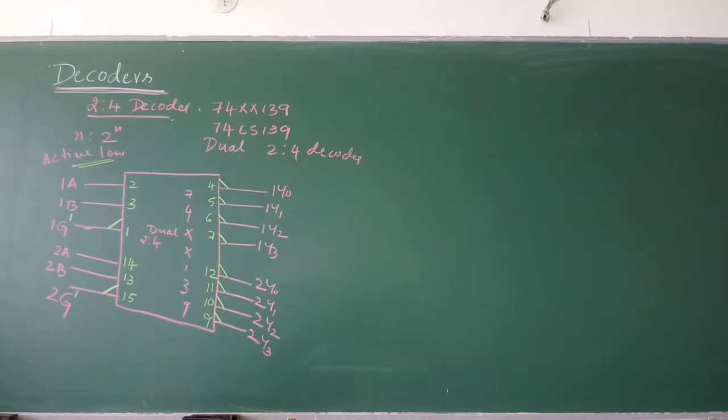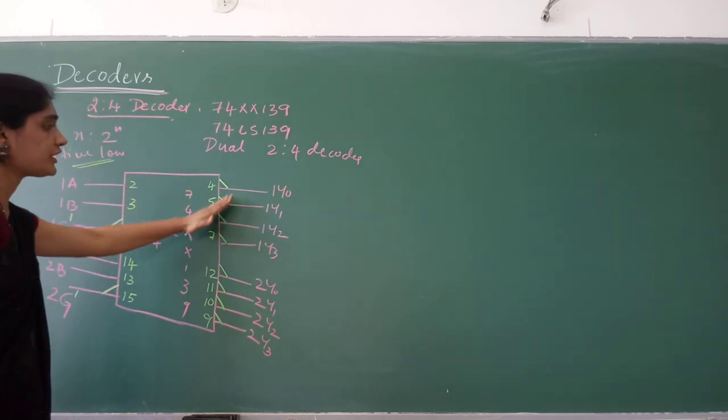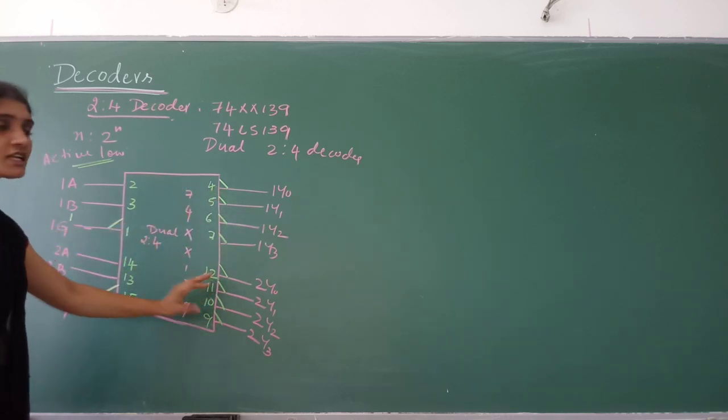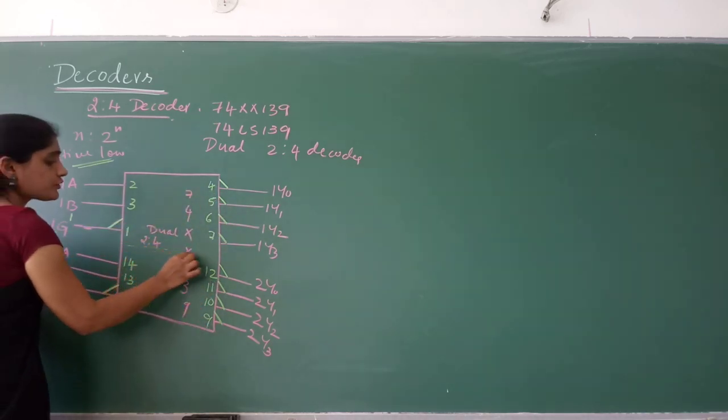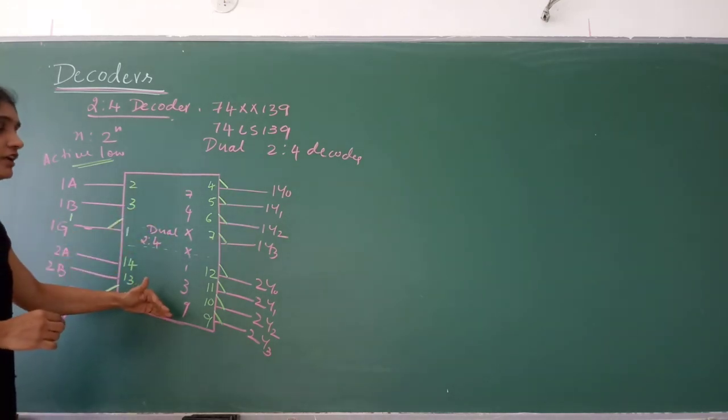Okay. So now let us write the truth table for this. Truth table means, for these inputs, how they are decoded into outputs. 2 inputs, 4 outputs. Since we have a dual 2:4 decoder, let us write the truth table for one. For the other decoder, it is the same.